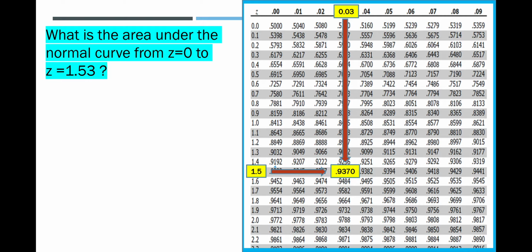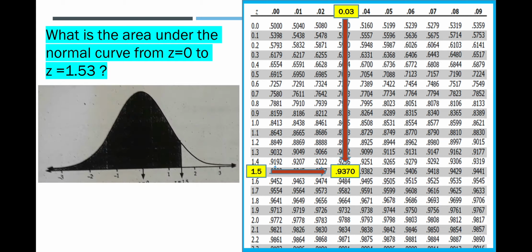What if we're going to find the area under the normal curve from z equal to 0 to z equal to 1.53? Z equal to 0 here is the mean. So we're going to use the same table, same value of 1.53, which is 0.9370. Since we're going to find from 0 to 1.53, we're going to find only this area.